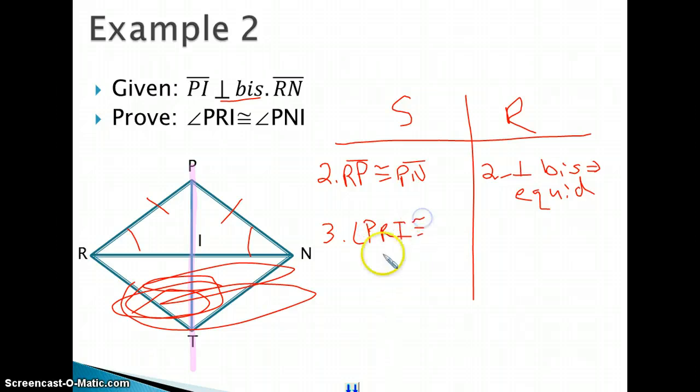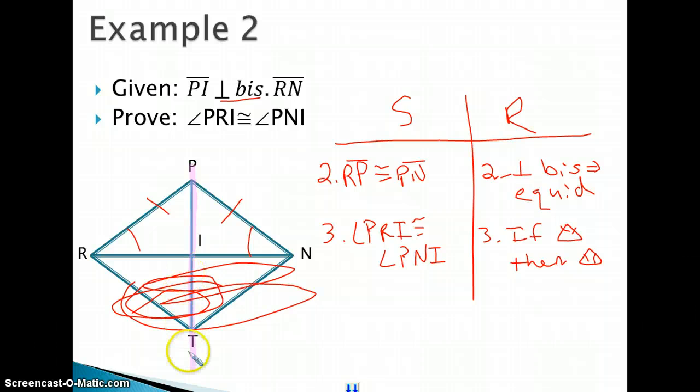Angle PRI is congruent to angle PNI. If sides, then angles. So any point that's on the perpendicular bisector will be the same distance from R as it is from N. I happen to pick P because that would eventually get me my angles, so I knew that PR was congruent to PN.